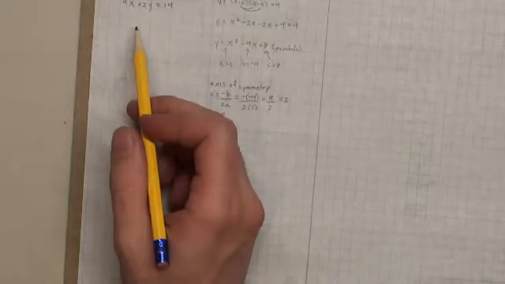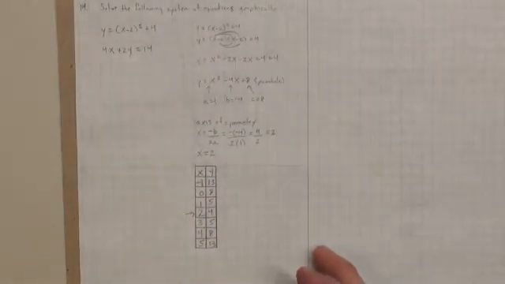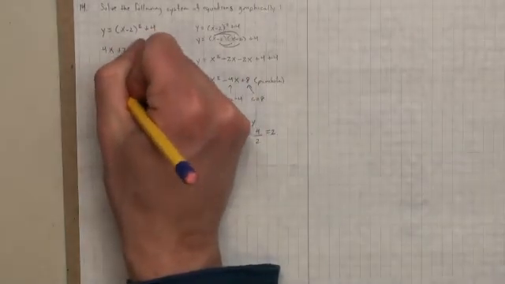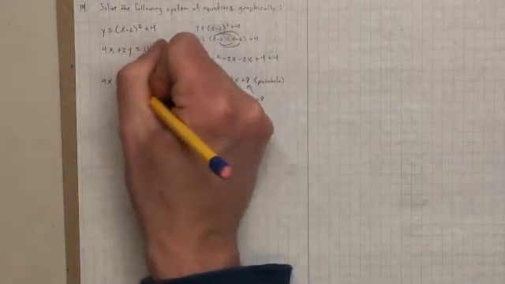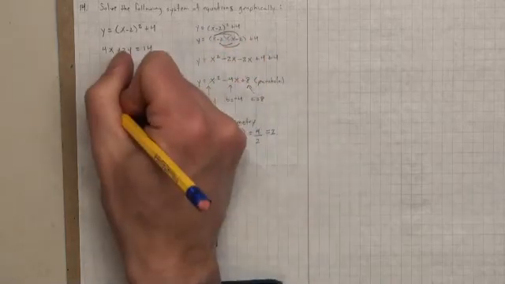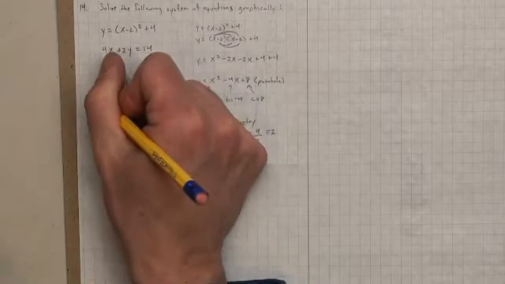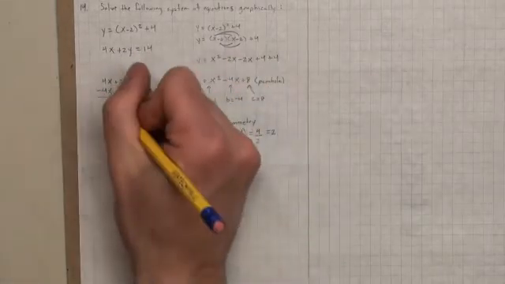Okay, parabola is done. Now we still have to rearrange this linear equation. I'm going to rewrite it: 4x plus 2y equals 14. First I'm going to subtract 4x to get the 2y by itself on the left side.